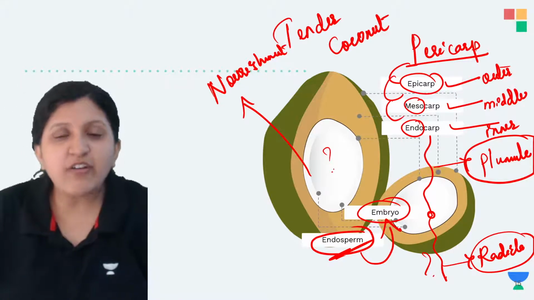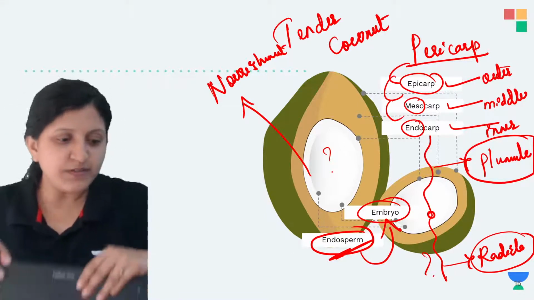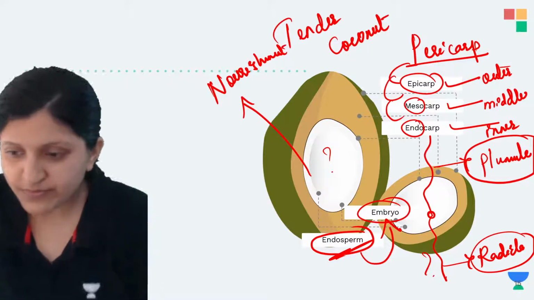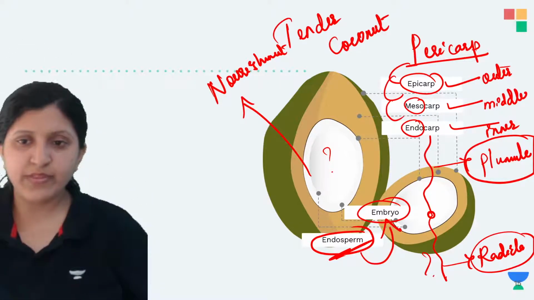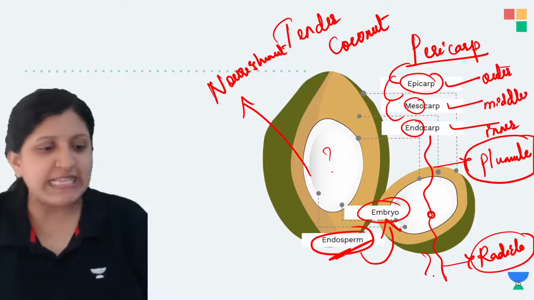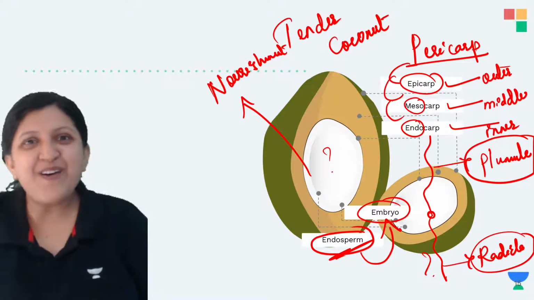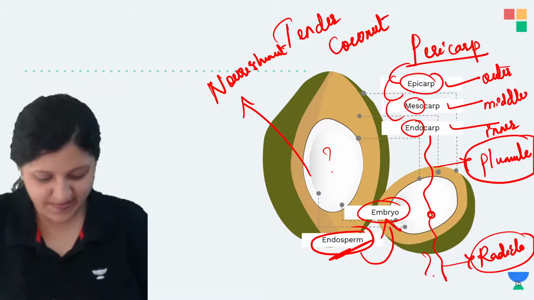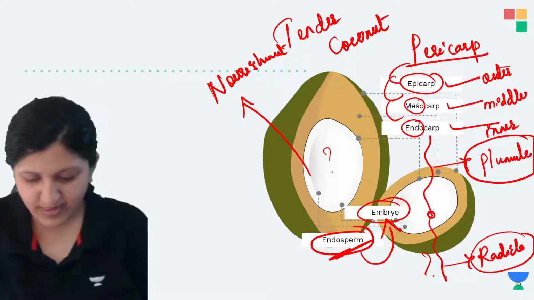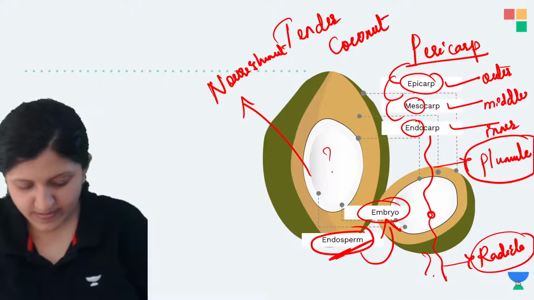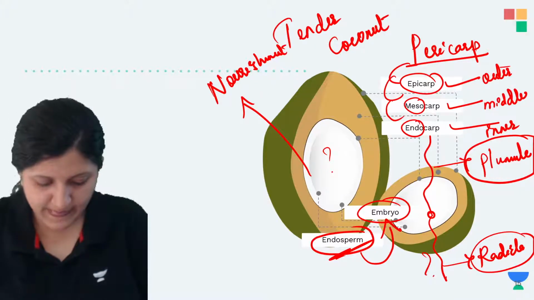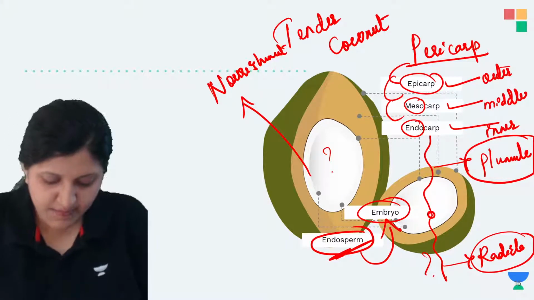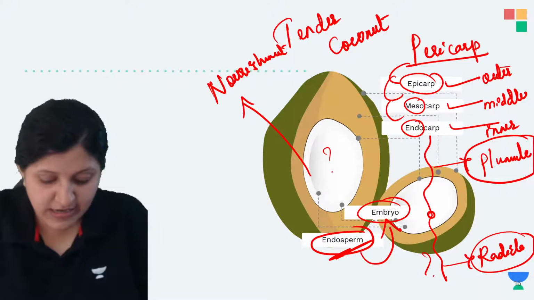So any idea how the water gets inside a coconut? Any of you? How does the coconut water get inside, or how exactly is this tender coconut sweet? Micropyle. So this is in the tree.